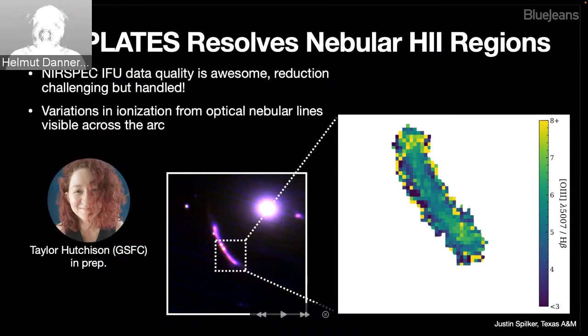And you can actually just see by eye, which I think is really cool, these variations in the ionization. So this is a map of the O3 to H beta in the optical, and you can actually just see these regions where O3 is high in comparison to H beta, just visibly, and I think that's really amazing.